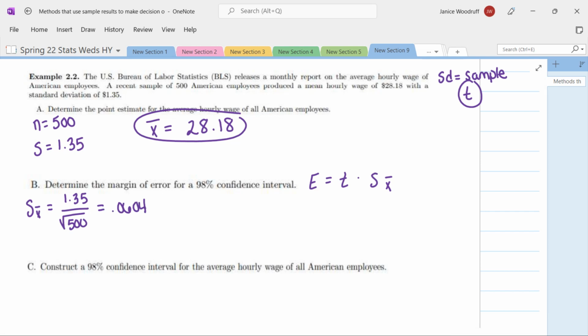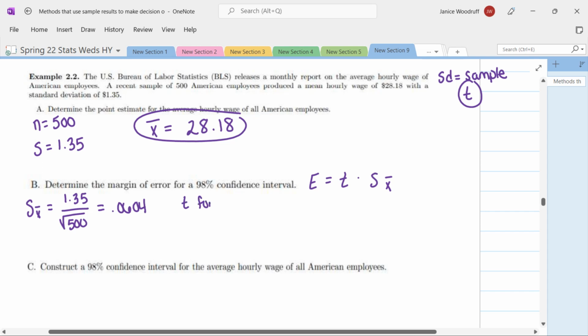Okay, then our t value for 98%. Our degrees of freedom is going to be our sample size minus 1, so 500 minus 1, 499.